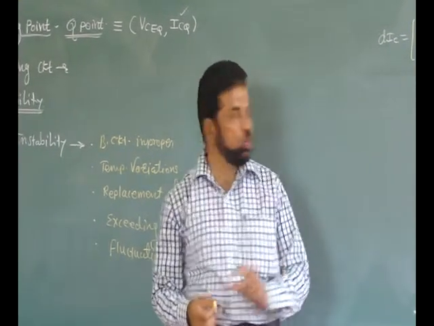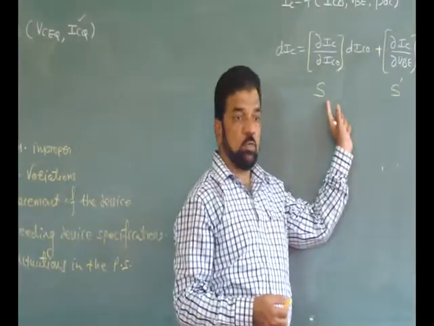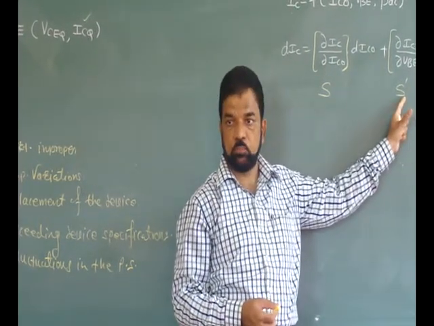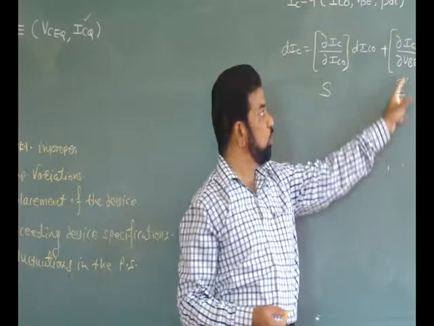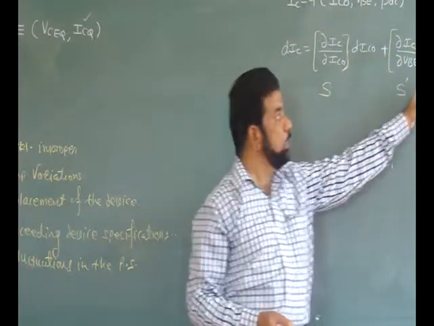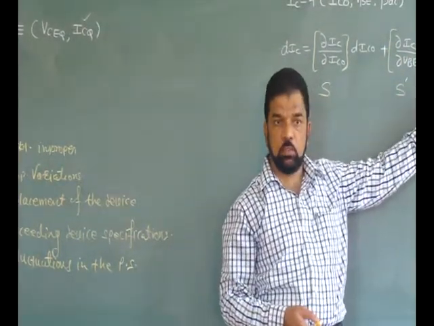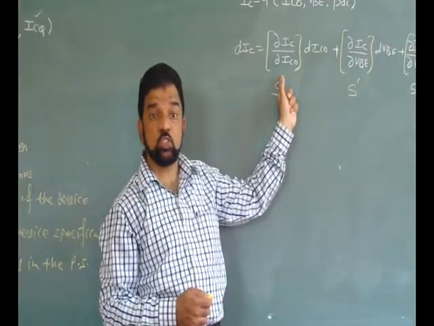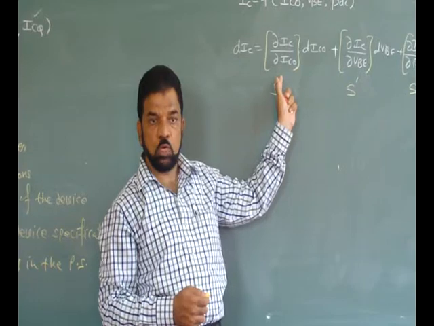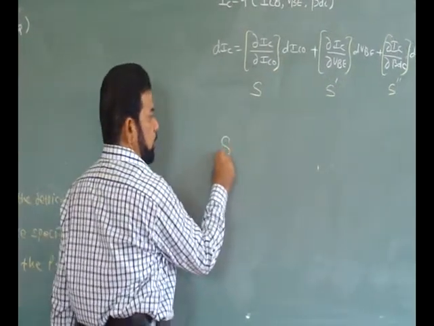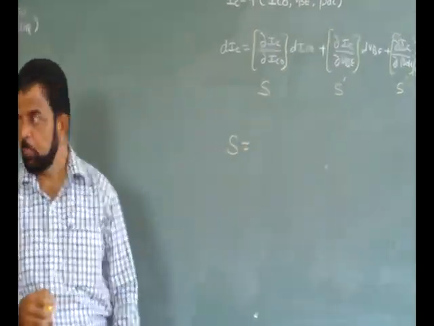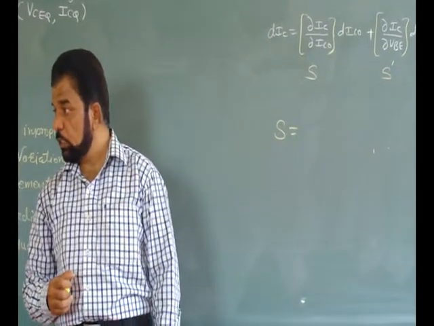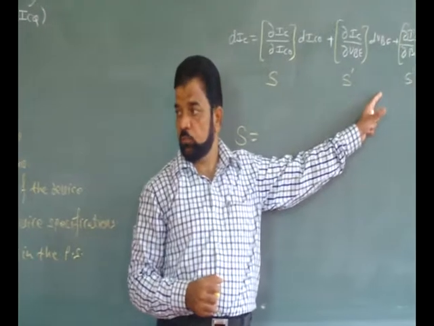In comparison with S, these two values are much less. The change in collector current with VB and the change in collector current with beta is much less as compared with this change. So that's why in general stability is defined by S only, instead of S dash and S dash. Why? Because these values are almost 0.